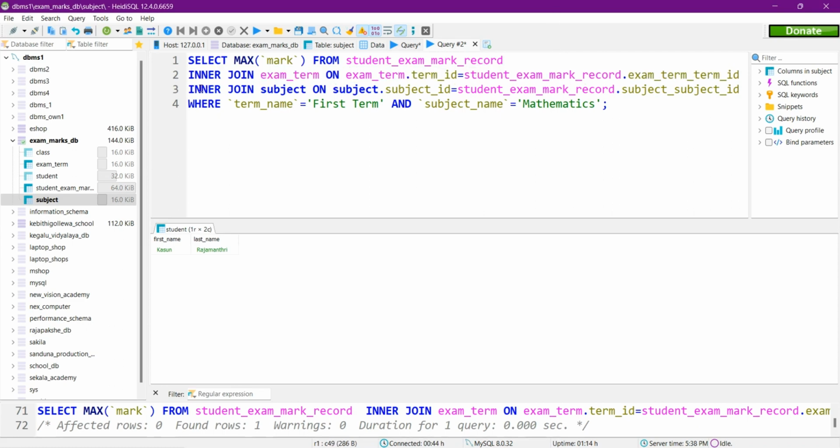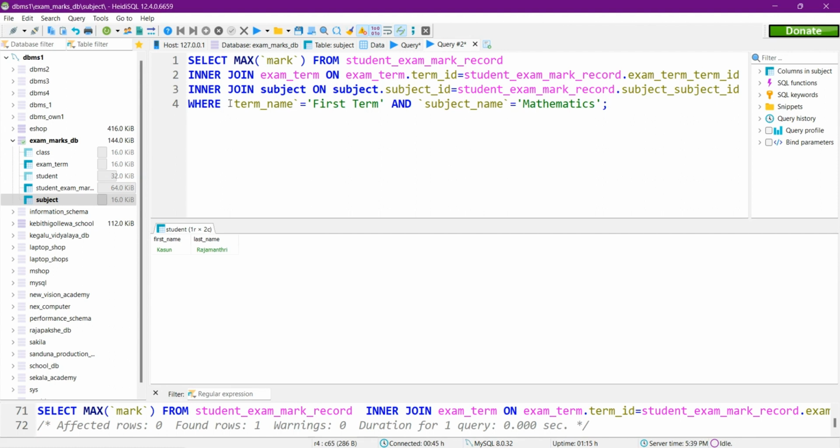In the next inner join statement, we joined the subject table, stating that the subject ID column in the subject table is equal to the subject ID column in the student exam mark record table. With this kind of statement, we can easily connect the tables to each other and get the result easily.